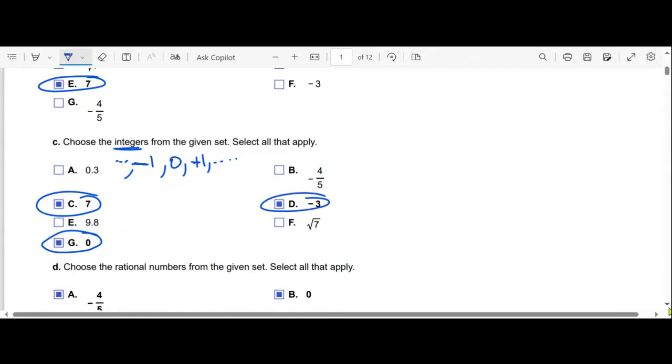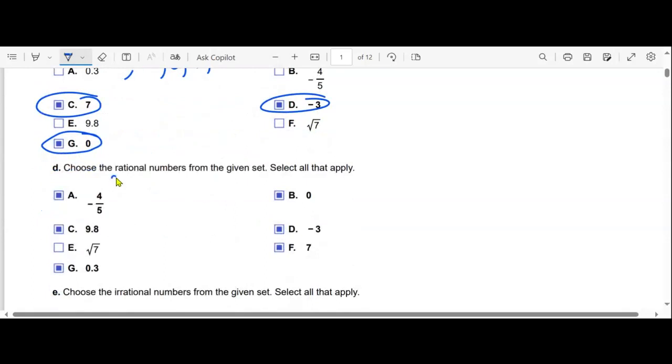Next one is rational numbers. Rational means you can take fractions. For example, you can get 2 over 4, or you can get 4 over 2, or 2 over 1. So 7, I can write it as 7 over 1.